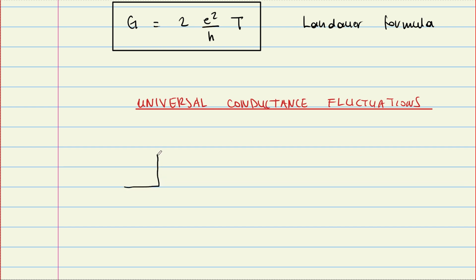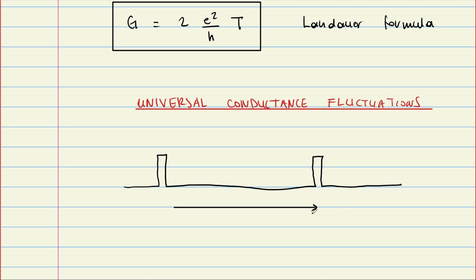I have one impurity separated by some distance from a second impurity. Suppose the distance between them is L12, and I have an incident wave, which is going to be reflected with A, and this can be transmitted as B. When it reaches here, this same wave is going to have an additional phase.